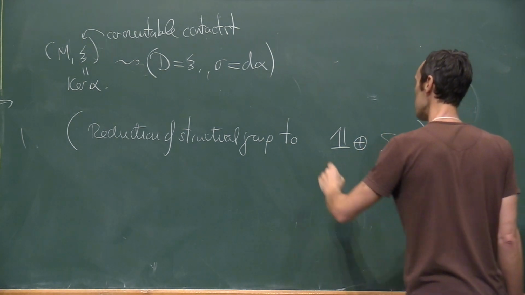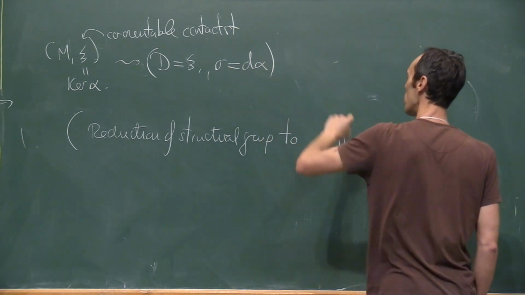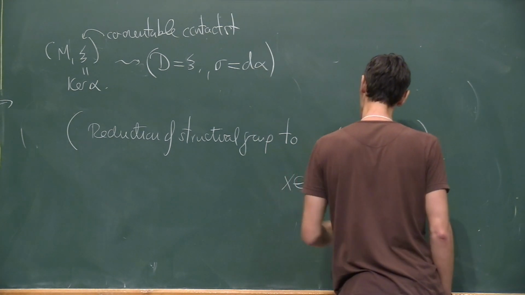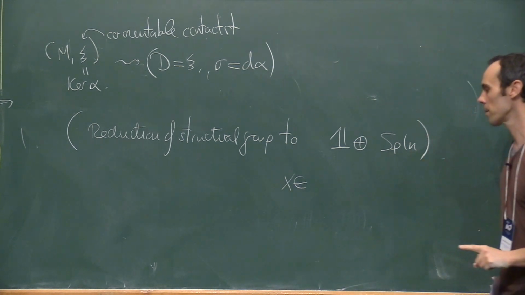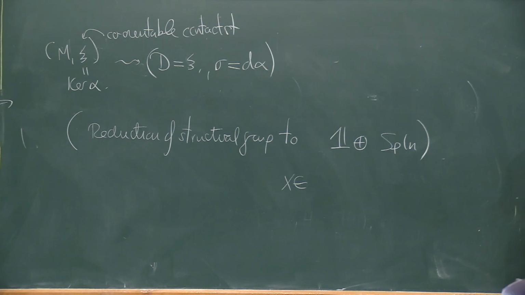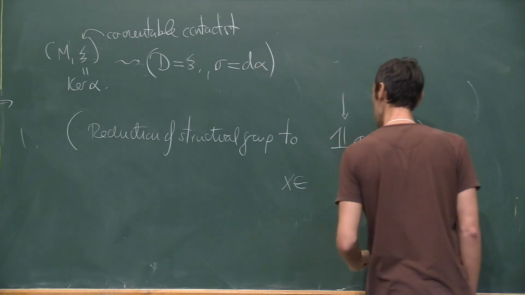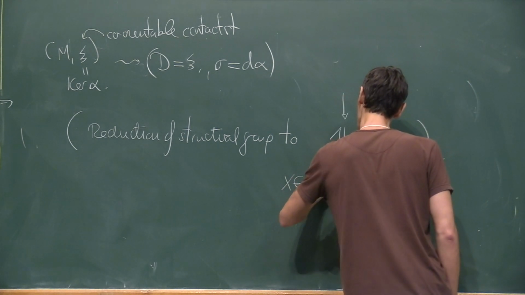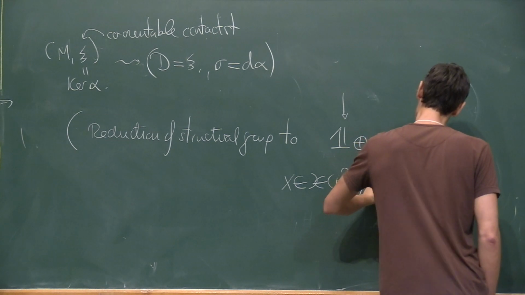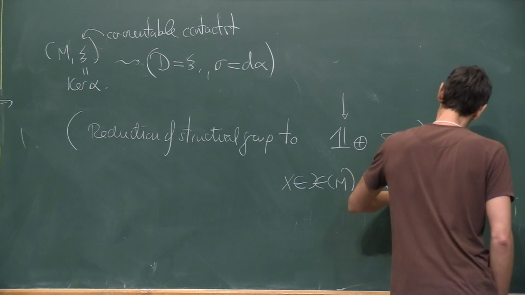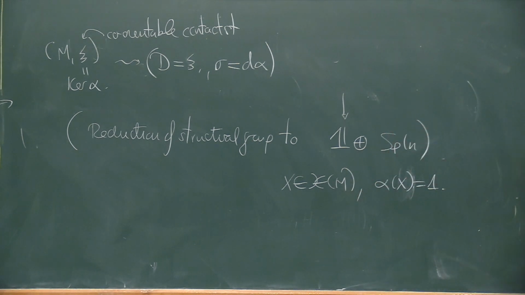This simply means that because you have a coorientable contact structure and you chose a one-form alpha, first of all, you can choose a global line field. This is a splitting in the tangent bundle. So you take a global vector field R with the condition that alpha evaluated on it equals 1.